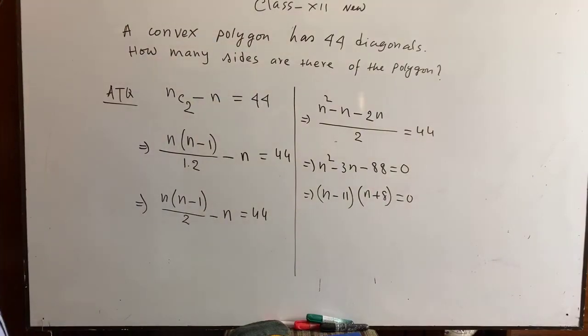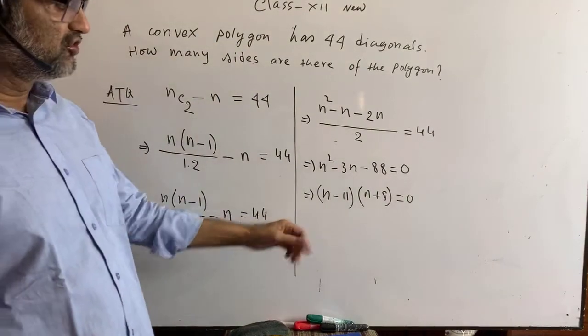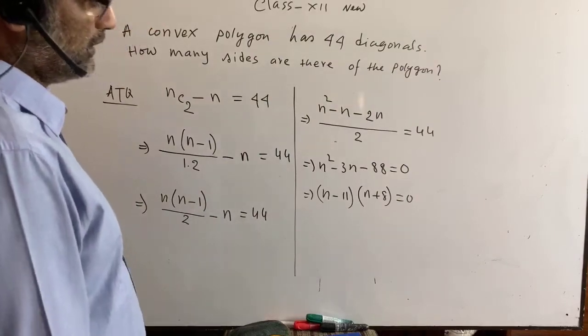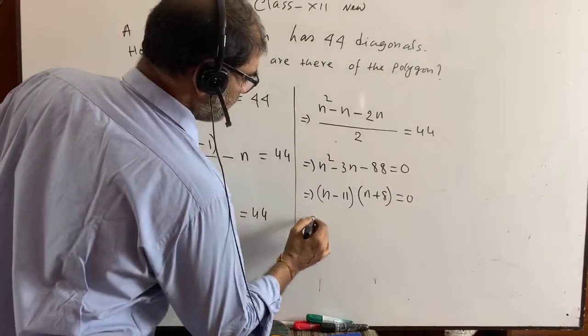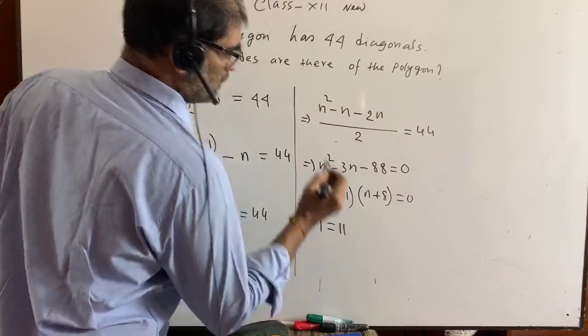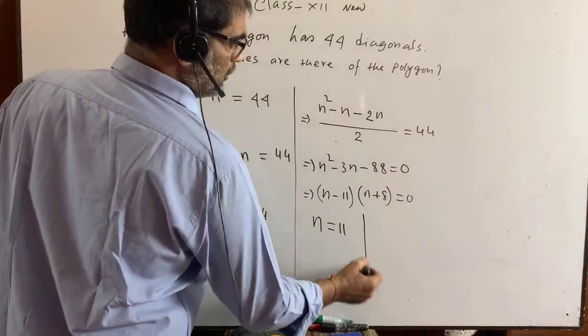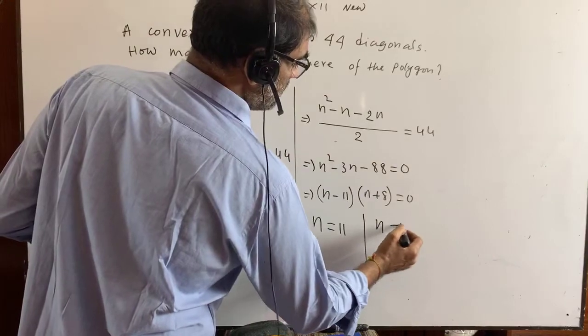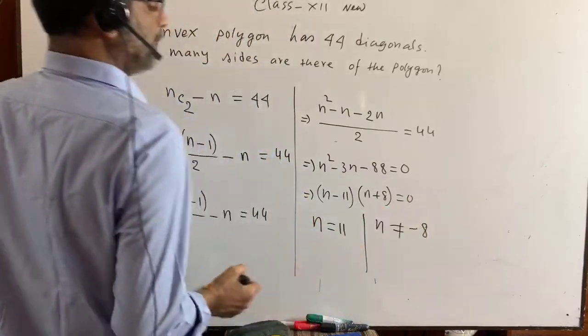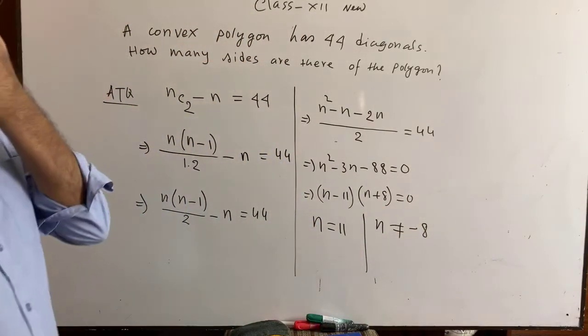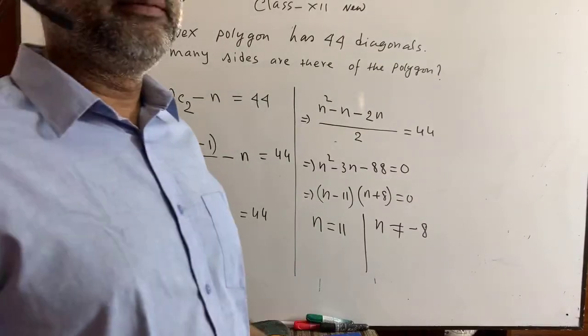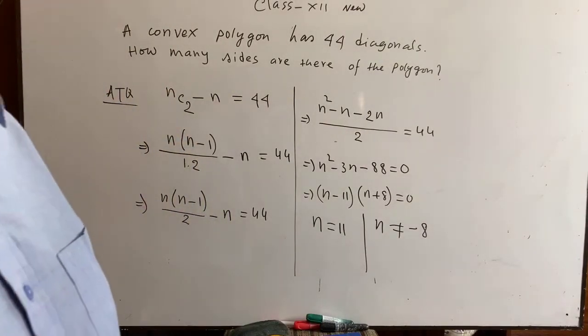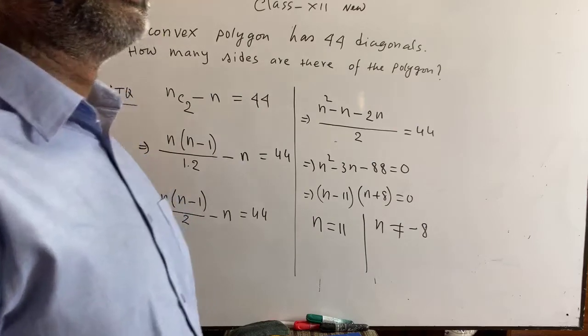So here we get n equals 11, and you know the number of sides cannot be negative. n is not equal to minus 8. Is it possible for the number of sides of a polygon to be negative? No, it is 100% impossible.